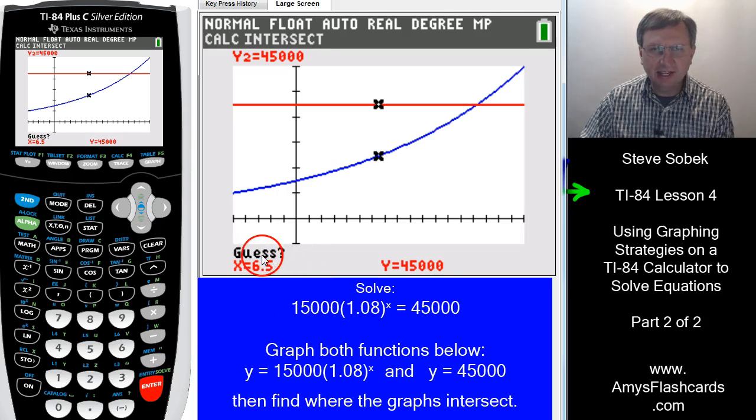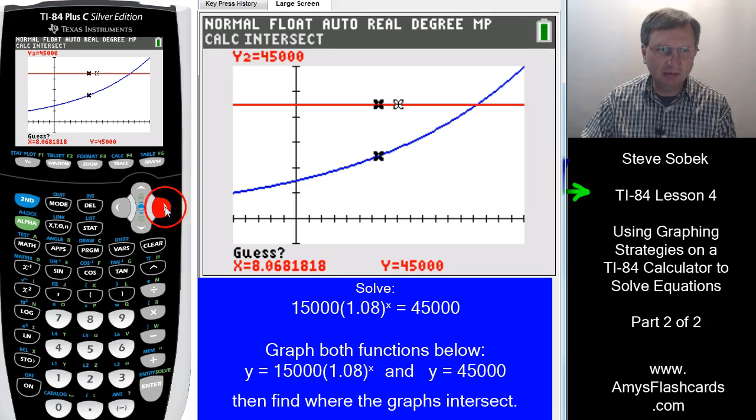And finally, it's asking for the best guess. See, sometimes graphs will hit multiple times, and it wants to know which one you are going after. So since there is only one point of intersection, we really don't have to get very close to it. But notice I'm hitting my right arrow key just to get you in the habit of getting close to that point of intersection.